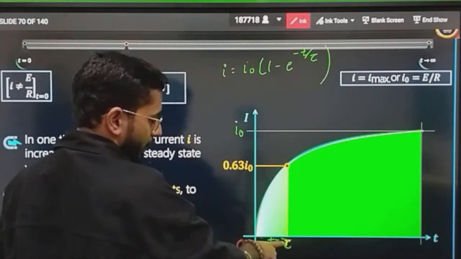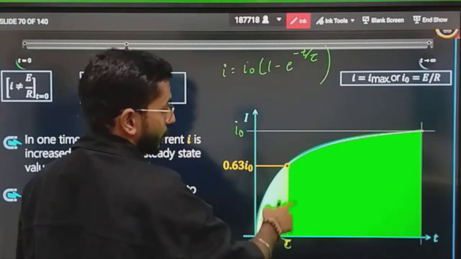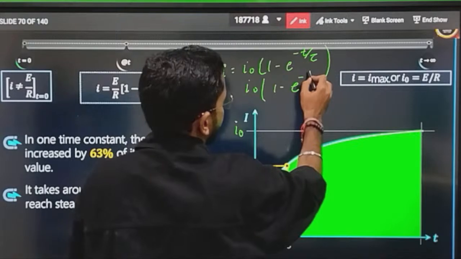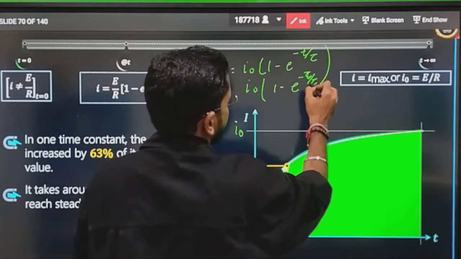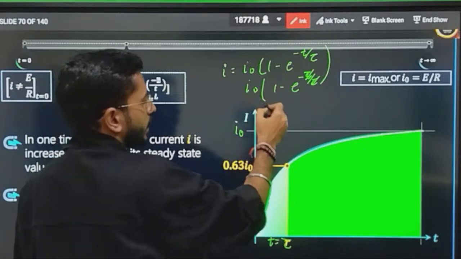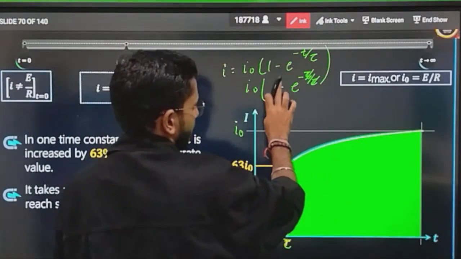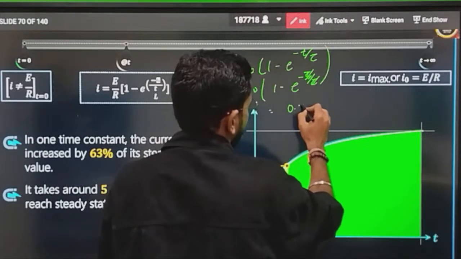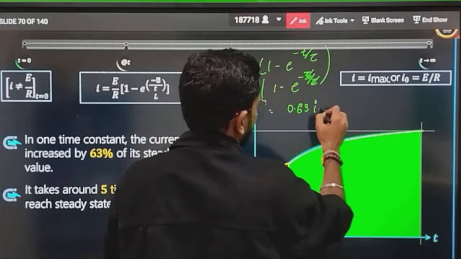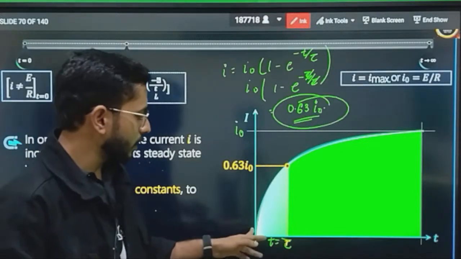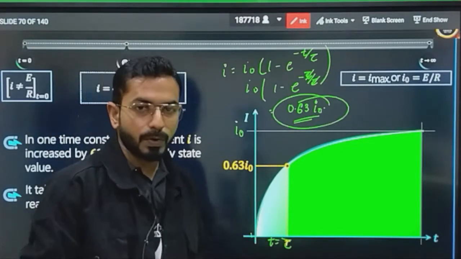At 1 tau, you write 1 minus e power minus tau by tau. It cancels, so it is 1 by e, which has a value you can remember: 0.37. 1 minus 0.37 remains 0.63. So in just one time constant, the current rises from 0 to 0.63 I naught.